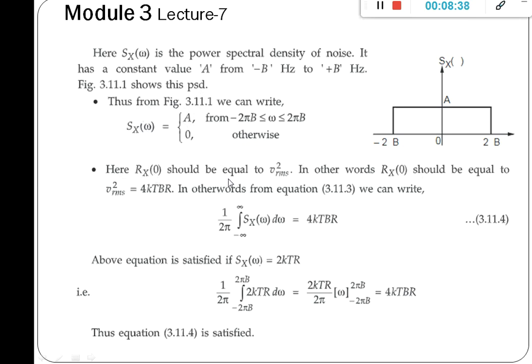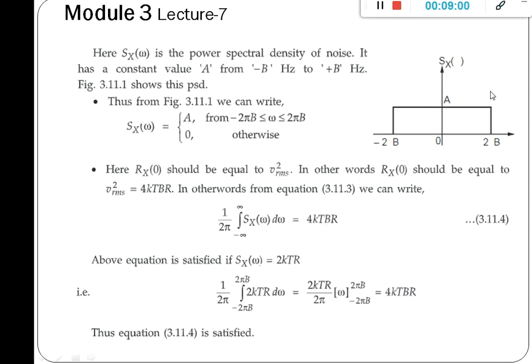Here Rx of 0 will be equal to Vrms squared. In other words, Rx of 0 should be equal to Vrms squared, which is equal to 4kTBR, and we can write this as 1 divided by 2 pi times the integral of Sx of omega d omega.